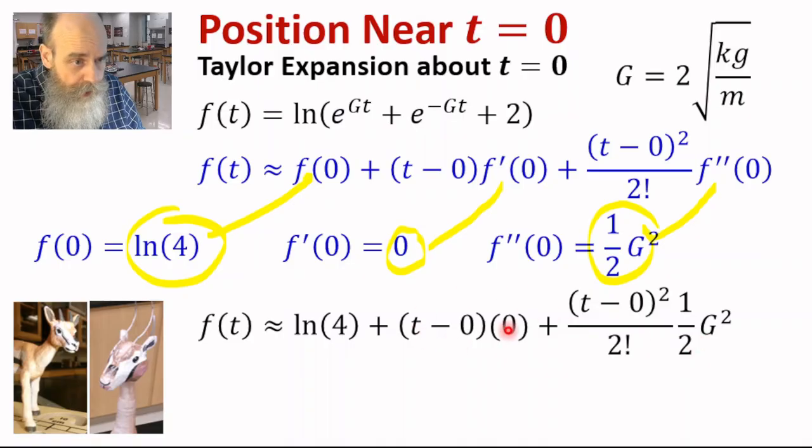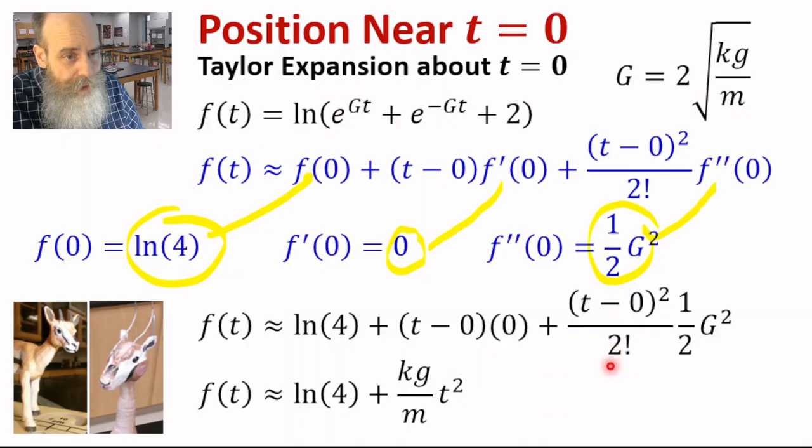So this term is just 0. For this term, let's square g. I'm sorry, g squared is 4 kg over m. So that 4 cancels out with the 2 times 2, and we get ln 4 plus kg over m times t squared.